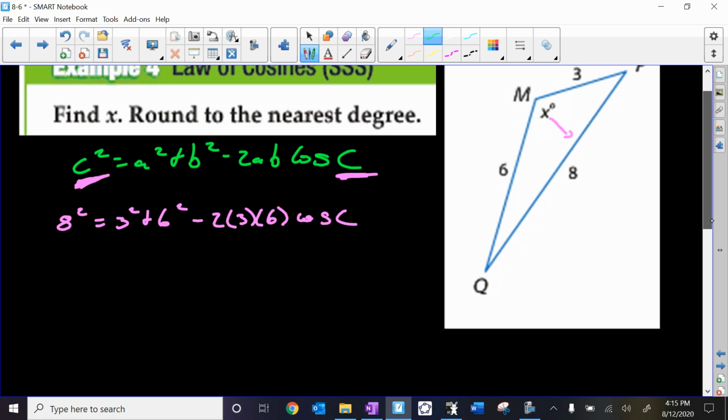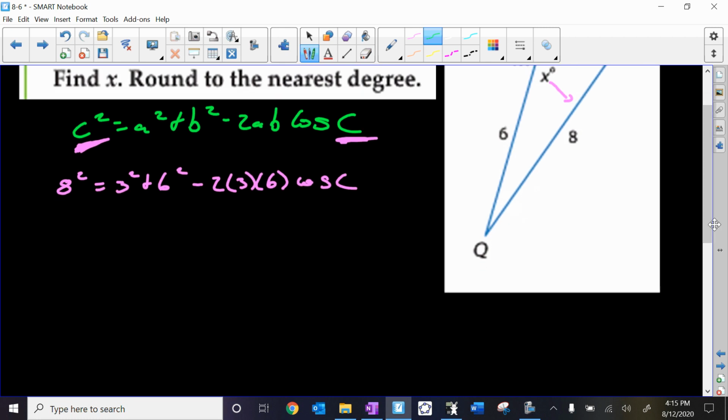We need to be a little careful. Remember, multiplication always trumps addition and subtraction within our order of operations. So we cannot plug this all in at the same time. You can do 3 squared plus 6 squared, and you can do 2 times 3 times 6 separately, but not together.